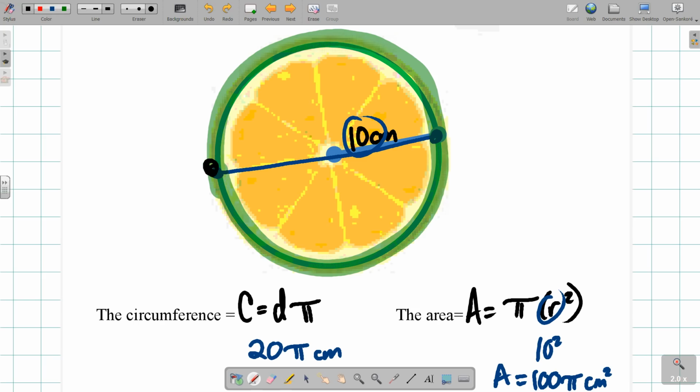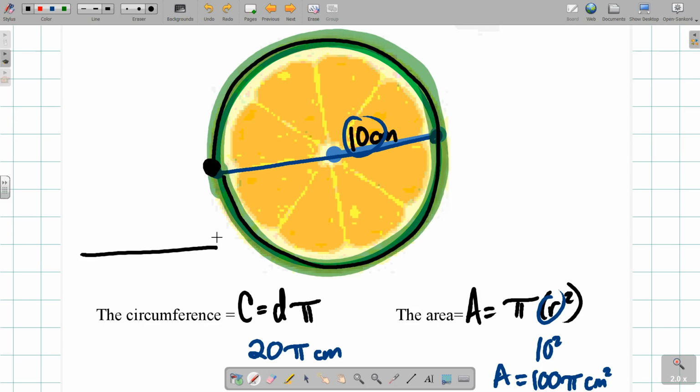If I were to flatten this peel out, if I could slice that peel and flatten it out, the length of the circumference is that distance around. Trace it around, a little arrow there, so I can unfold that.